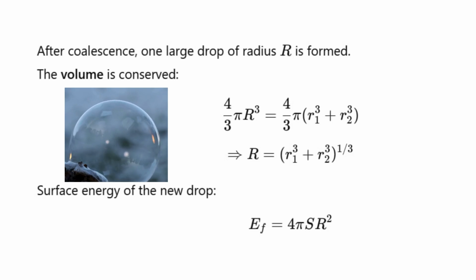Therefore, the surface energy of the new drop is EF equal to 4 pi S R squared, where S remains the same, the surface tension, but R is the bigger radius, the radius of the newly formed drop.